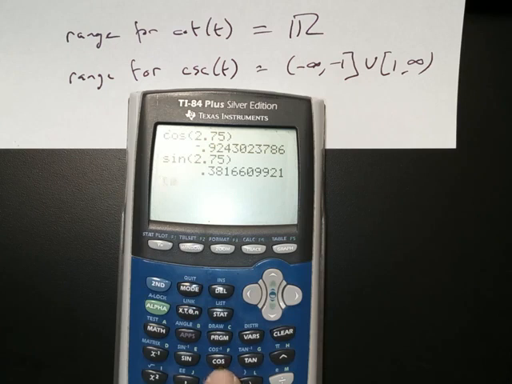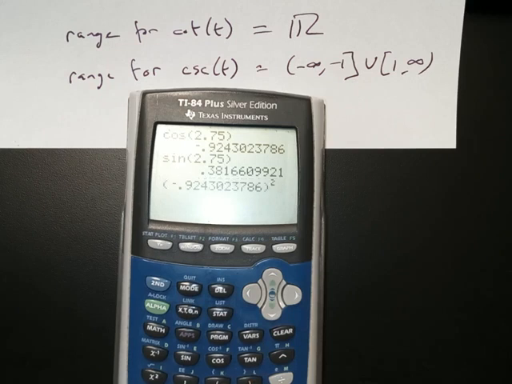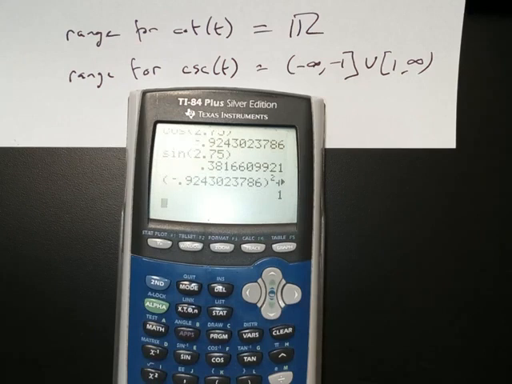So if I take 0.924302378 and I square it, and I add 0.38166099921, and I square that, x squared plus y squared should give me 1. That's a point on my circle.